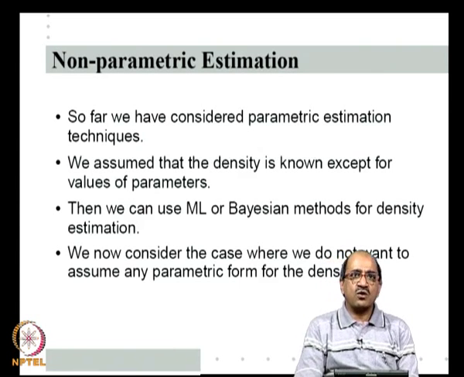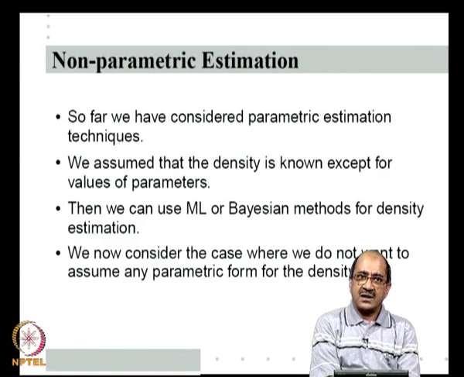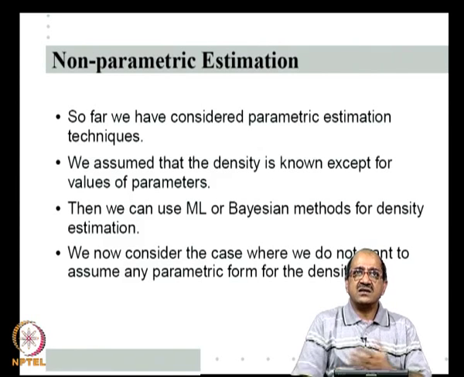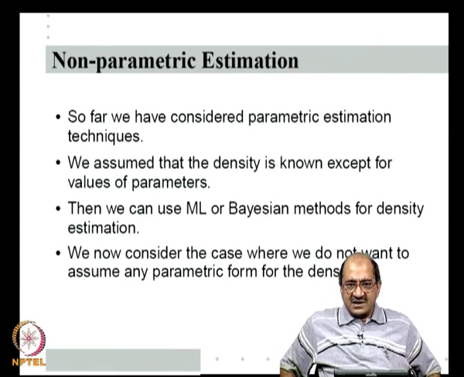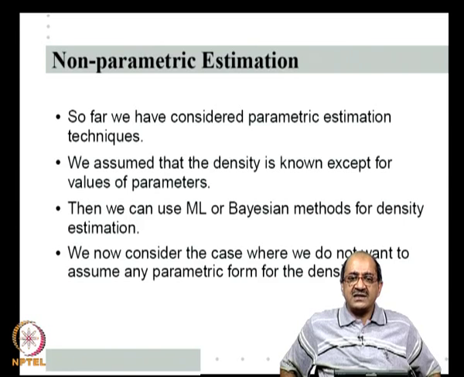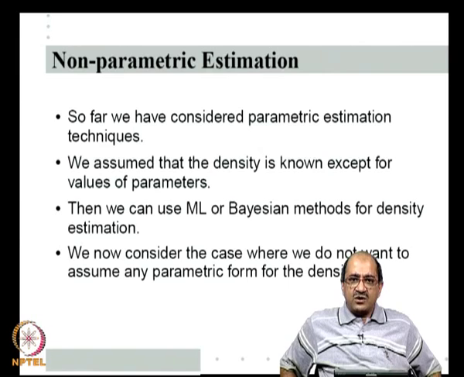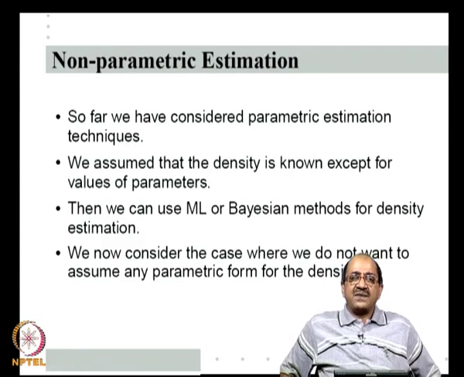We have no clue as to the form of the density, but we still somehow need some method of calculating the density value at any given x. When we say estimate density, we do not have to write it as a single equation, but ultimately, if I want to implement the Bayes classifier with the estimated densities, whenever you give me a particular feature vector to classify, I should be able to calculate the value of the density function at that feature vector.